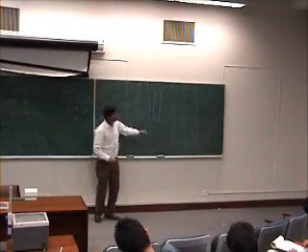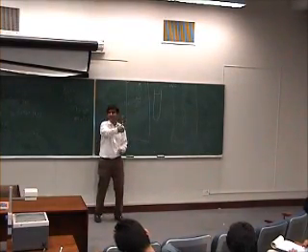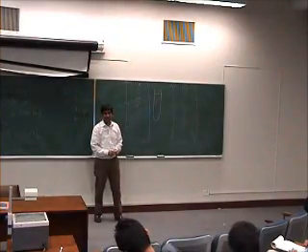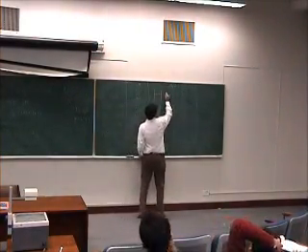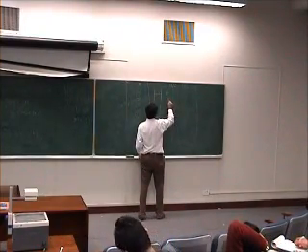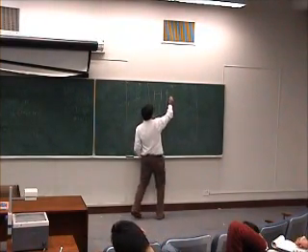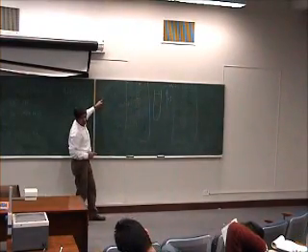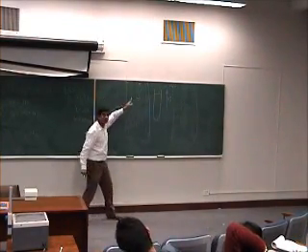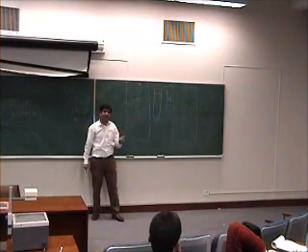Now this current produces a field along the z direction, B naught. And this is the field that determines the Larmor frequency. Now you cannot switch off this field. This field is always on.